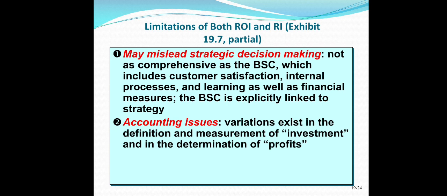The second limitation here is accounting issues. Variation exists in the definition of measurement of investment and the determination of the profit. Like I said earlier, when you learn financial accounting, you know you can calculate the value of an investment using different methods, so you will get different numbers. And also when you calculate your profit, there are many things that can make the profit increase or decrease, high or low.